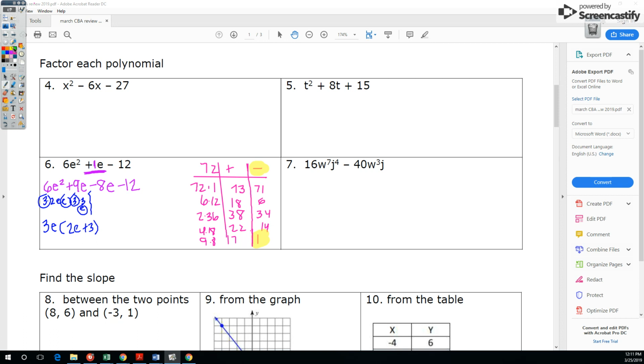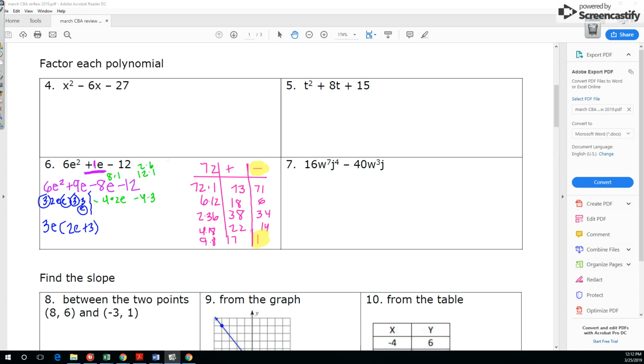Okay, looking at the other side of my four-termed polynomial, I have negative 8e and negative 12, so I can write negative 8e as negative 4 times 2e, and negative 12 is negative 4 times 3. And of course, I can write 8 as 8 times 1, and I can write 12 as 12 times 1, or 2 times 6.